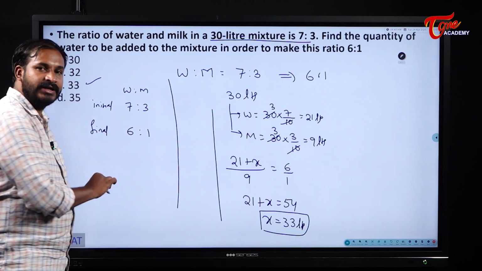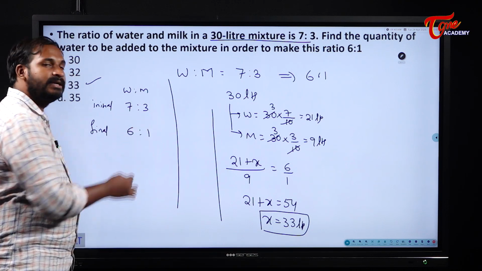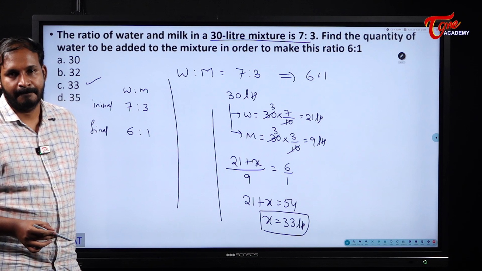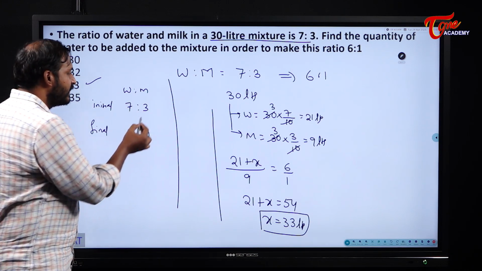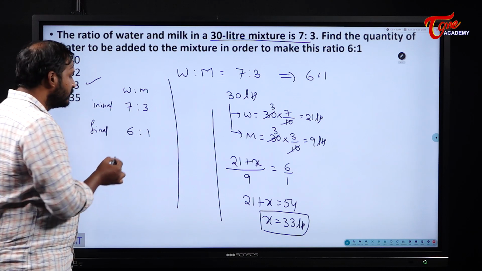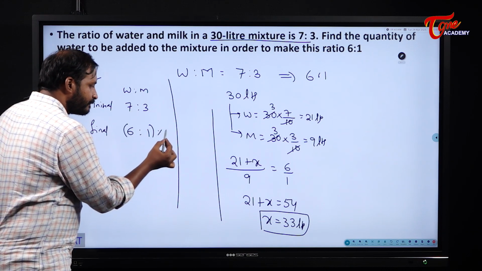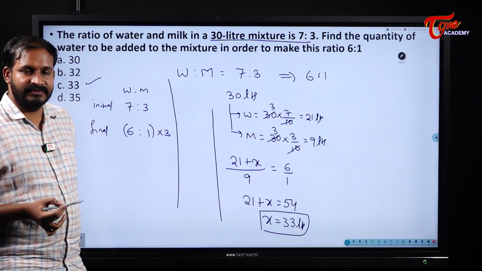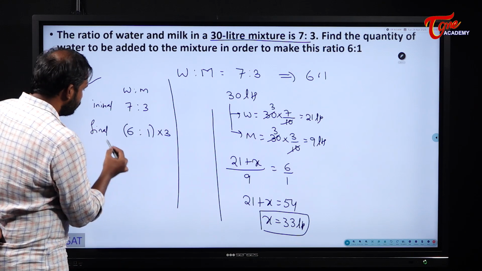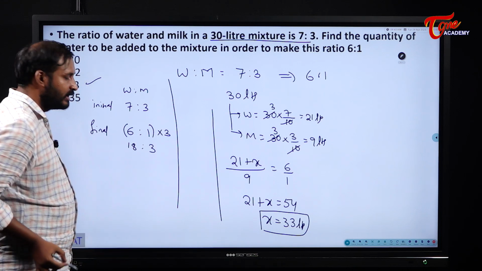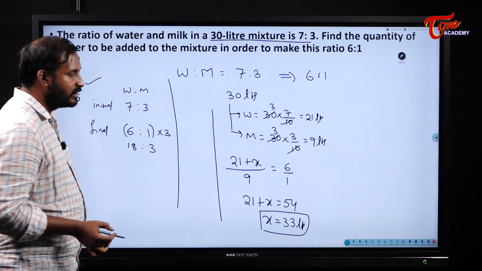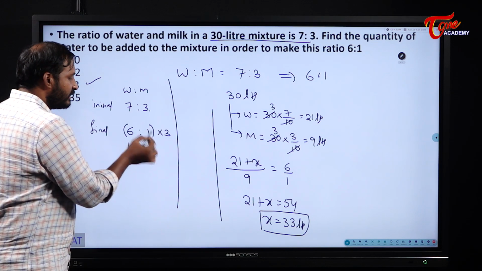So first we need to equalize the milk portion here and here. Here it is 3 parts, here it is 1 part, right? So I will multiply this with 3. So now what will be the new ratio? This will become 18:3. Understood? So 3 and 3, the milk portion remains the same.